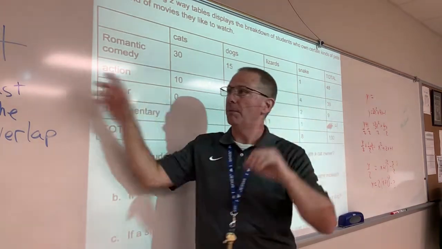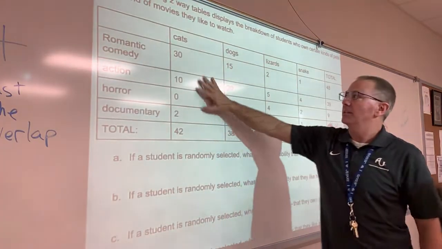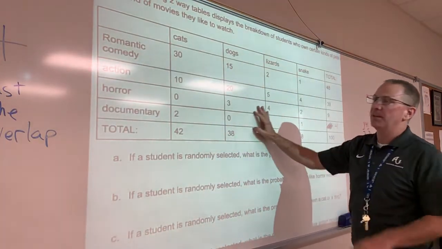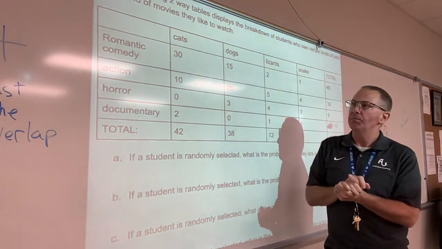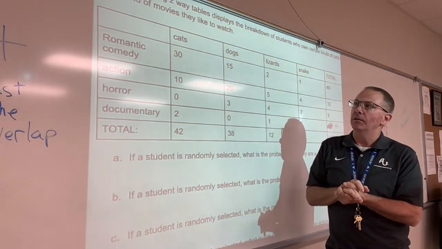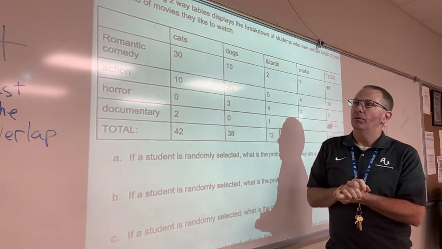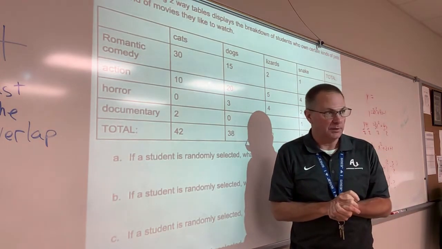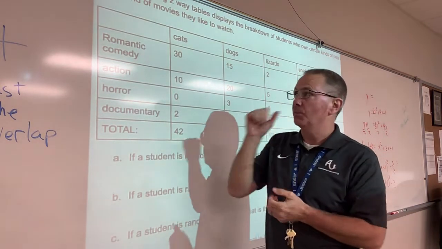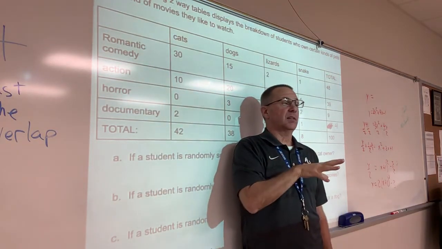All right, now back to this stuff with the "and" and the "or." Since we have a whole bunch of stuff, if I say this, what is the probability that you like romantic comedies or you like action movies? Now we have two sets of data, and it's just like last night.